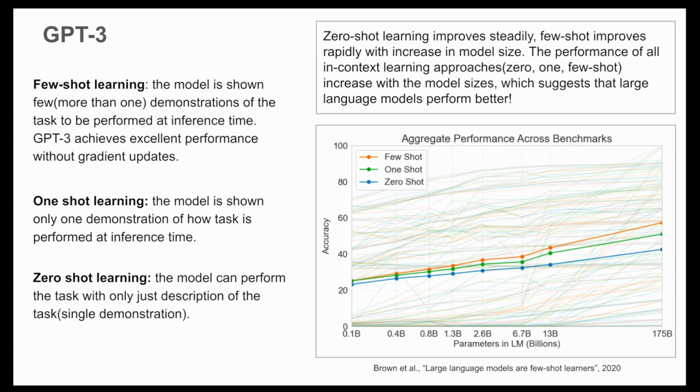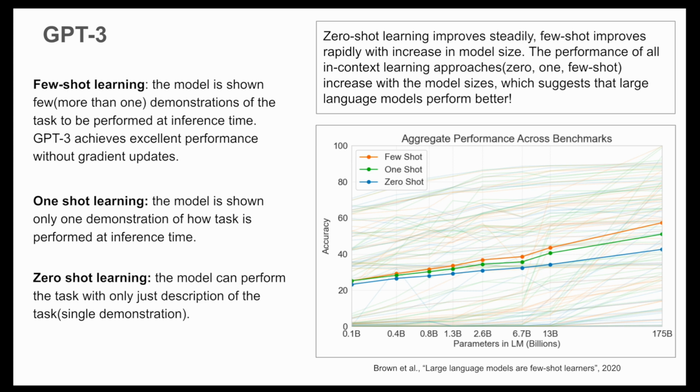So this graph shows the performance of different in-context learning approaches and how they perform according to the model size. You can see that zero-shot learning improves linearly with the model size, but few-shot learning improves rapidly.